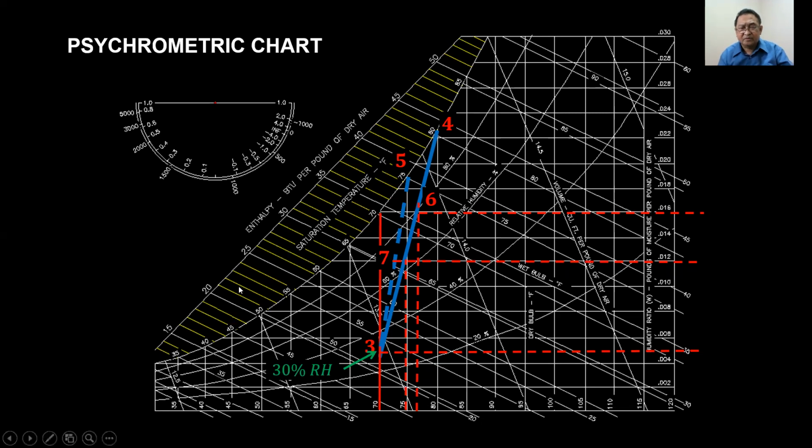So we have here point 3 at 70 Fahrenheit dry bulb and 30% RH with a given moisture of 0.005 pounds of moisture per pound of dry air, and it's being sprayed until it reaches point 4.